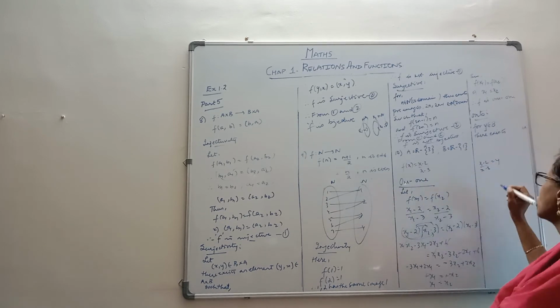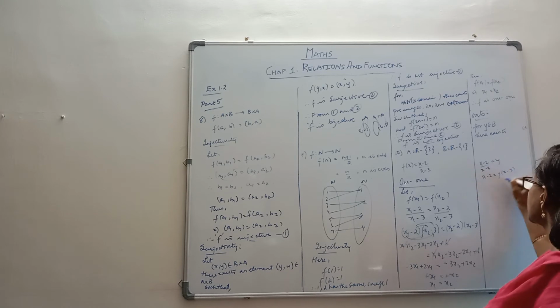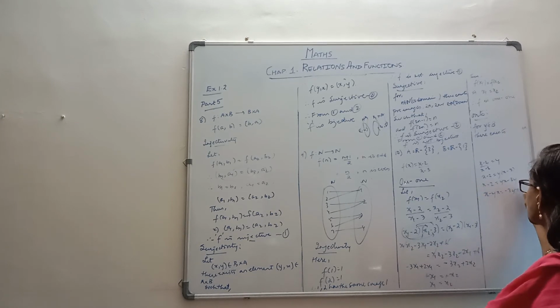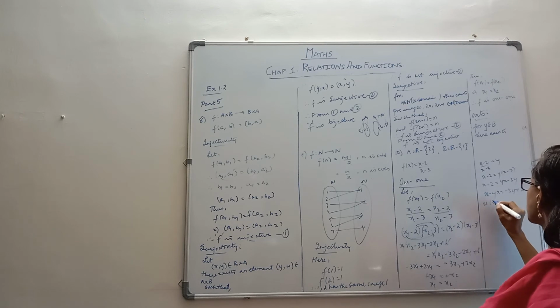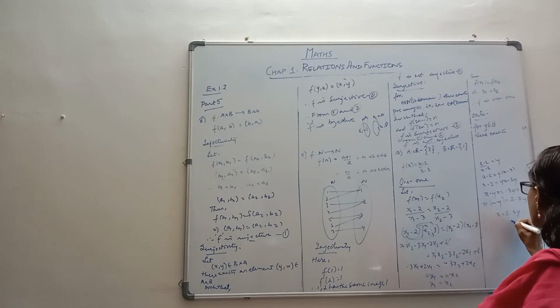It's a rough work. So it is x minus 2 equal to y times (x minus 3). That is yx minus 3y. Let the y come here. x minus yx equal to minus 3y plus 2. x times (1 minus y) equal to 2 minus 3y. Or rather, x is (2 minus 3y) by (1 minus y).